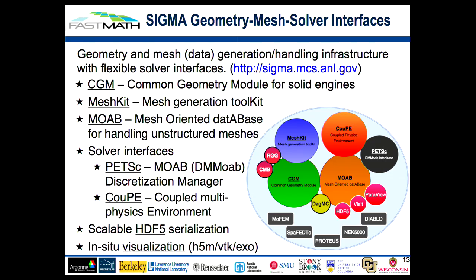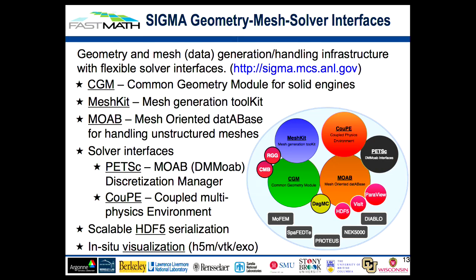The CGM, which stands for Common Geometry Module, provides a unified interface for accessing the underlying CAD model. So it could be in a variety of different formats. It could also handle a facet-based representation of a complex geometry.